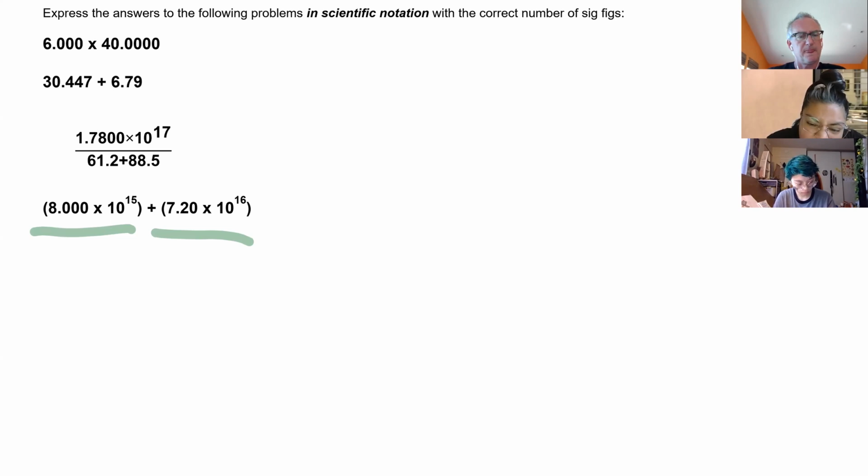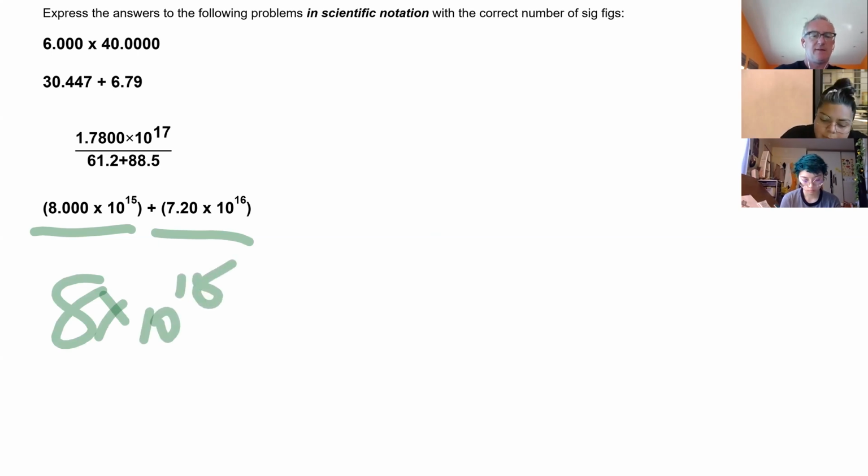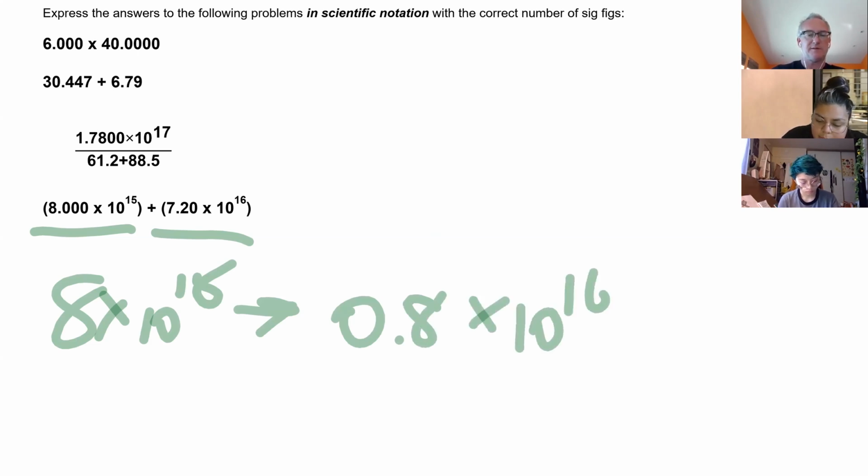Make one bigger. So take the 8 times 10 to the 15, and that's going to be 0.8 times 10 to the 16. We divided that by 10, so we need to multiply this part by 10.